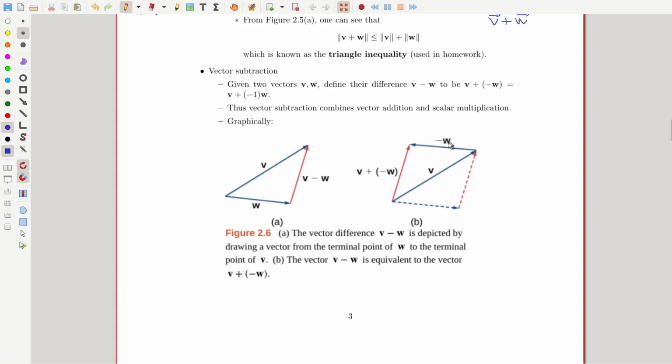And then you've already translated it so that things match up tip to tail. So it's doing the triangle method, and the net travel is this vector, which is the addition of v and negative w, which if you translate it over, you can see is the same as this. So this is how we define v minus w: v plus negative w.